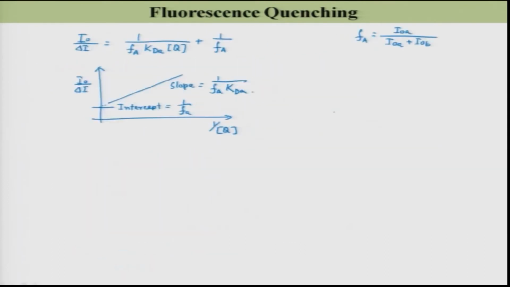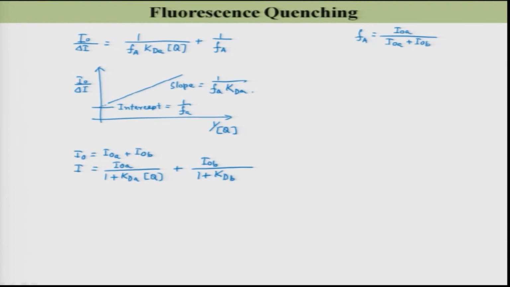Now, if both are partially accessible, in this case my equation will be, I 0 is equal to I0A plus I0B, but in this case I will be equal to I0A divided by 1 plus KdA into Q plus I0B divided by 1 plus KdB.